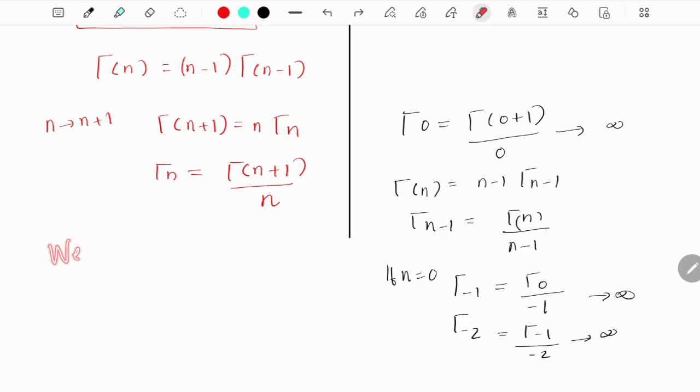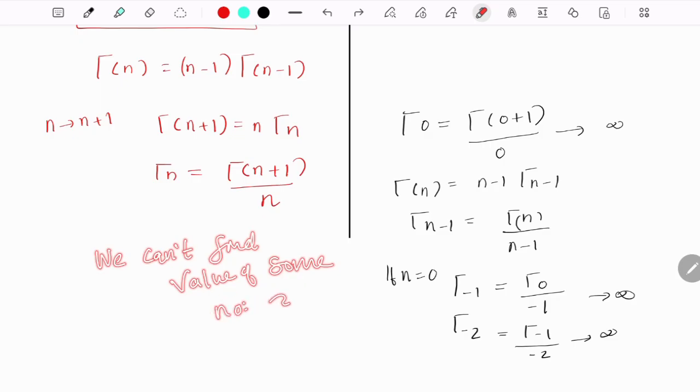So we defined the gamma function, and we can't find the value of some numbers using this equation.